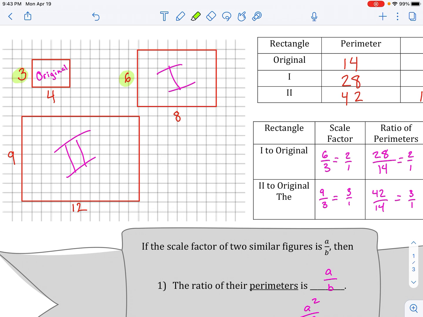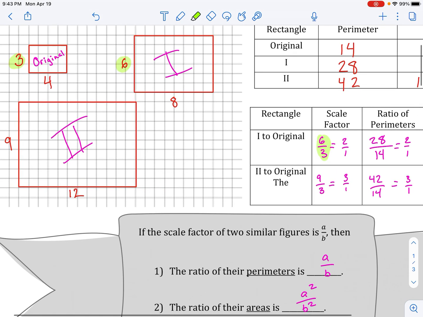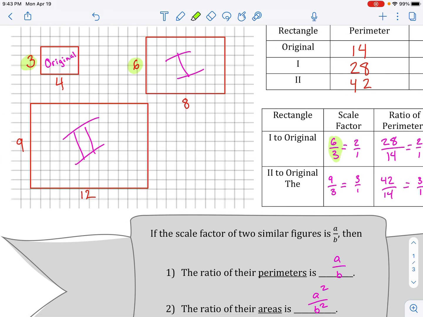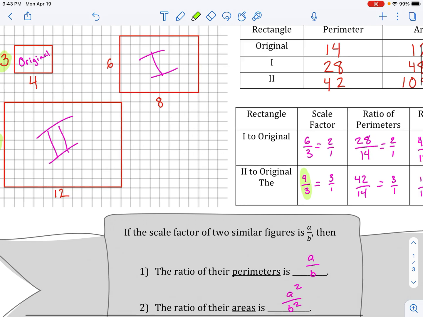I set it up as a fraction because that's how you can set up ratios. 6 over 3 comes directly from those shapes, and I simplified that to 2 over 1. Same thing for 2 to the original. Down here I have 9 to 3, which is the fraction 9 over 3, and I simplified that to equal 3 over 1.